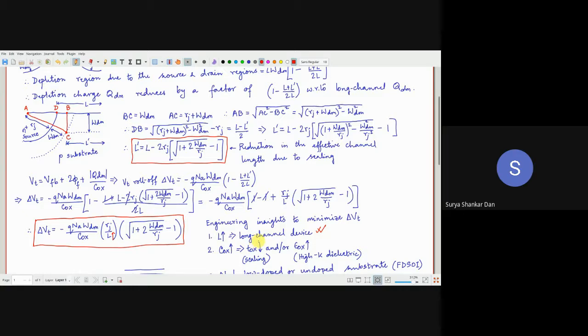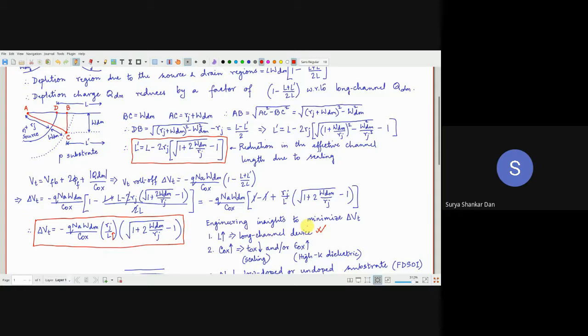We have seen in our previous lecture on the general scaling theory that as we scale the technology, PDP decreases rapidly. That is the reason why in digital IC designs, we go for scaling. But when we are dealing with analog IC design, where GBW, gain bandwidth product, is our concern, long channel devices are preferred.